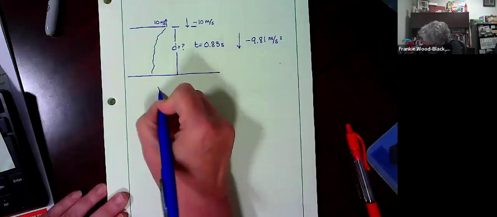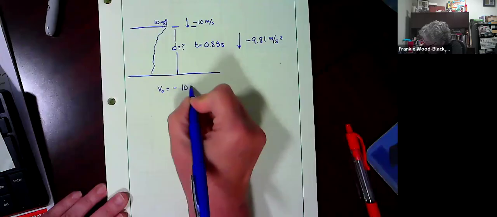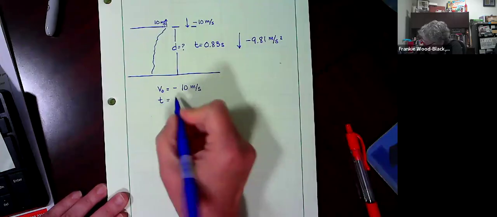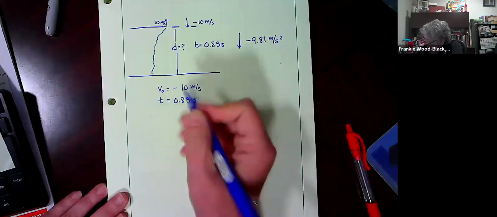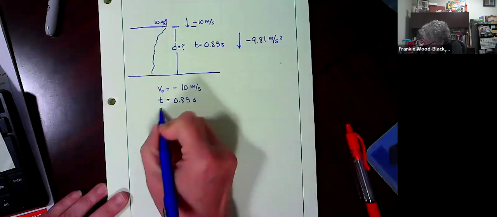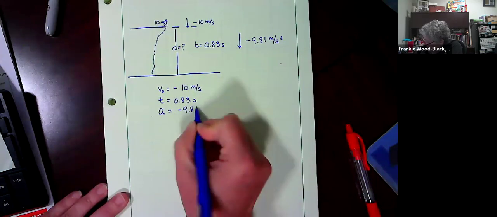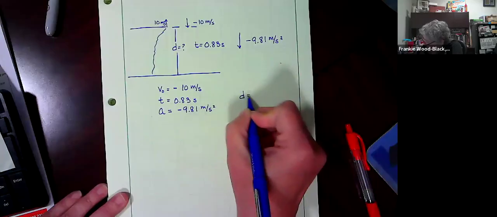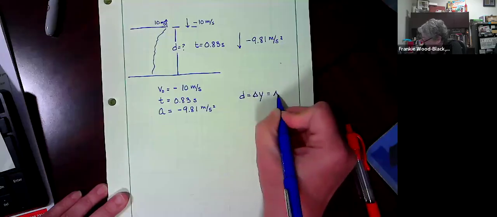So I have a known initial velocity of minus 10 meters per second. I have a time that's 0.83 seconds. I have an acceleration of minus 9.81 meters per second squared. I need to know distance, which is going to be my change in y, which is my change in position.